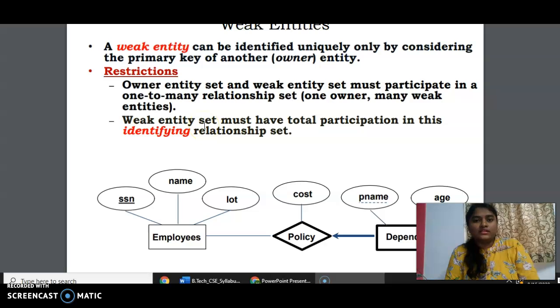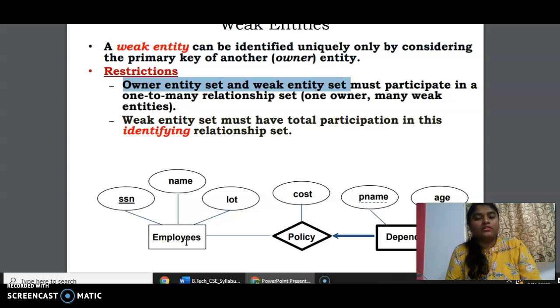There are some rules and regulations for weak entity. Rule number 1: the owner entity set and weak entity set must participate in a compulsory one to many relationship. That means one owner and many weak entities. If there is no owner, then with whose ID will the mother and children go to the hospital or acquire the policy?